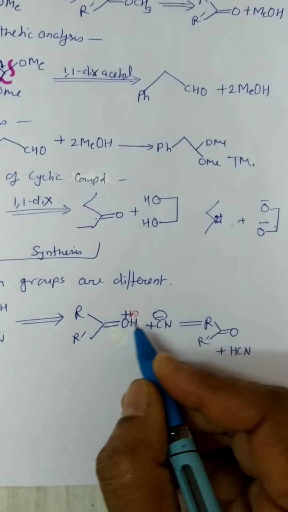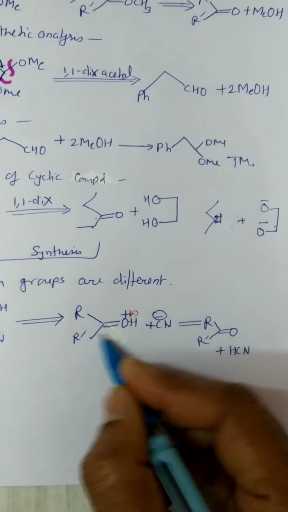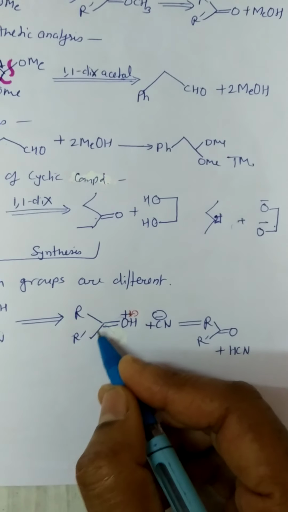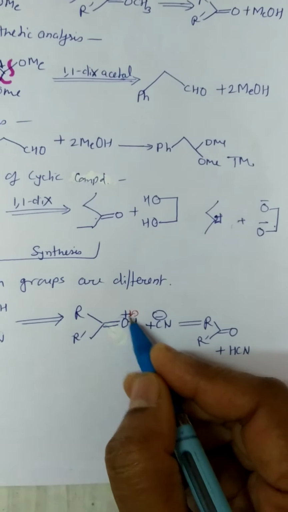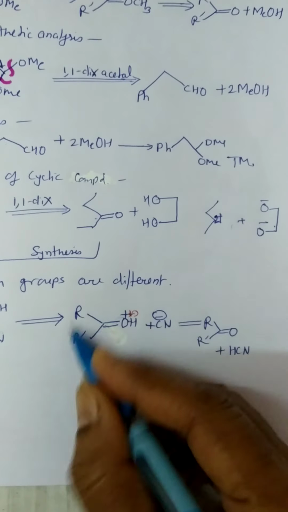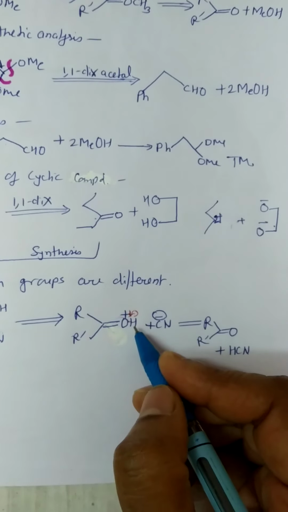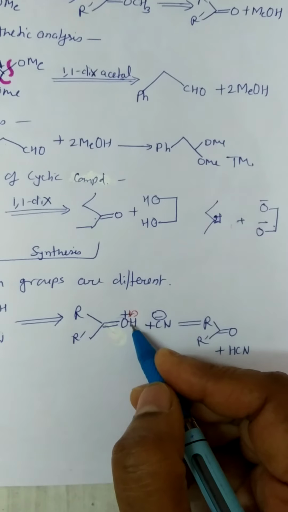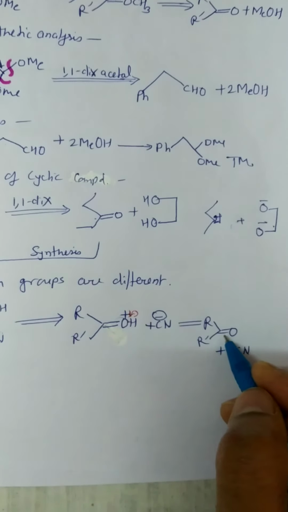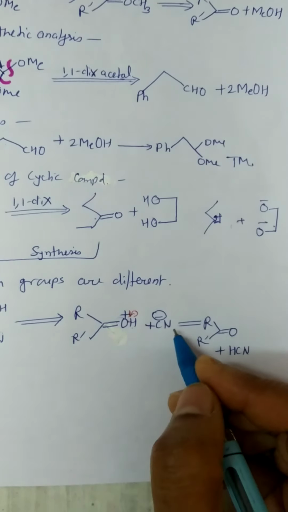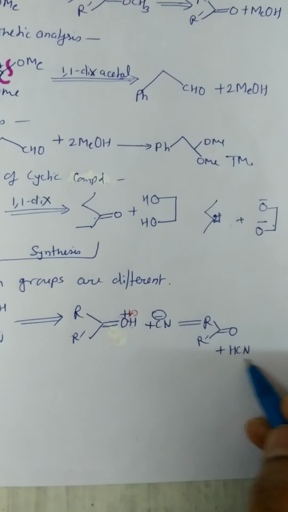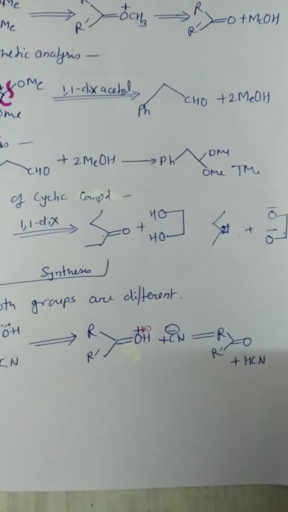Here this structure is R C R dash double bond OH plus. This is an unstable compound, therefore it removes one proton and forms the ketone, and this removed proton is attached with the CN minus and forms HCN.